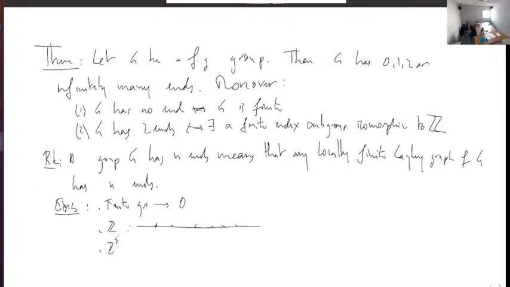If you look at Z2, and you take the standard generating set, then you have the grid, and you can prove that it is one-ended.